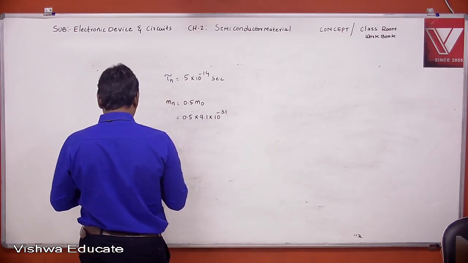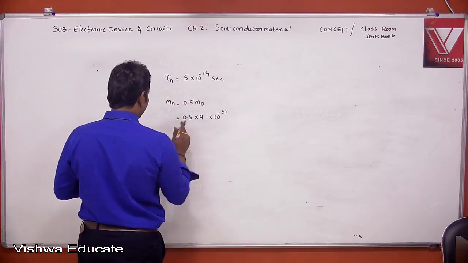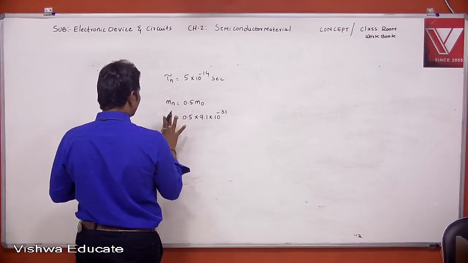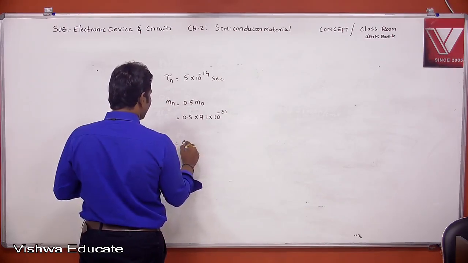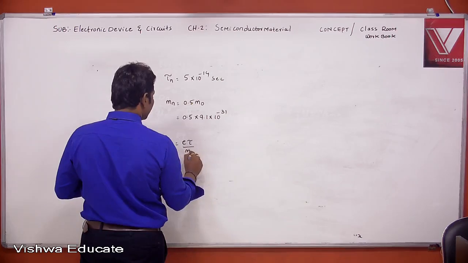Now what do we want to calculate? Mobility and diffusion constant. What is the relation between mobility, carrier lifetime and mass? We know mu equals E tau by Mn.